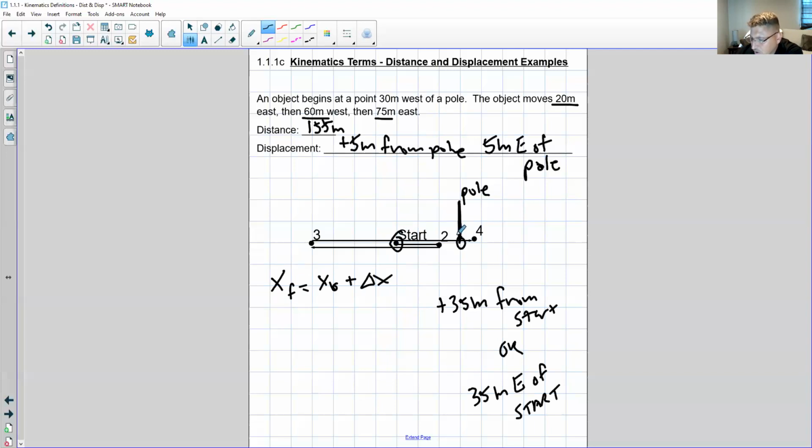If we're calling start 0, then our initial position is 0, and this calculation is going to give us a final answer of plus 35. If we call the pole 0, then that makes our initial position not 0, but minus 30 meters. And this calculation is going to give us a final answer of plus 5.